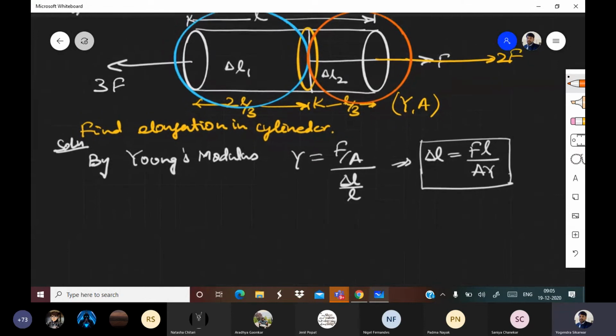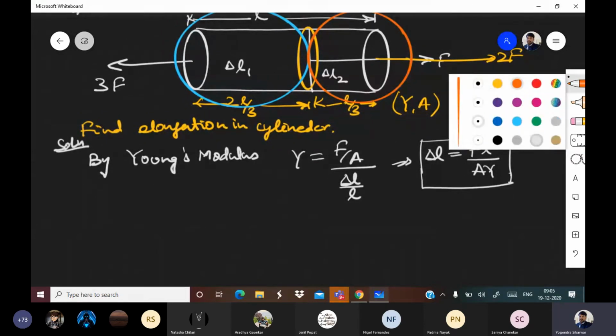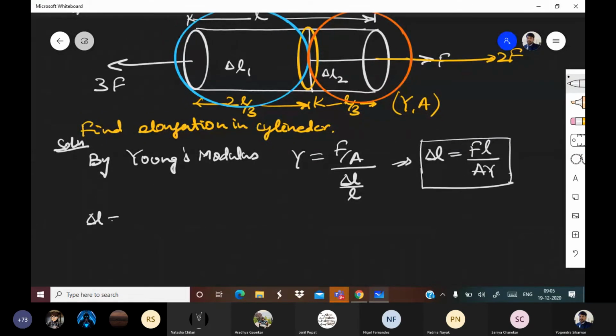First of all, for us, delta L will be delta L1 plus delta L2. This will be your answer, or you can say method to the answer. Now, how much is delta L1? Listen carefully. If you see this part, which is the blue colored part, how much is the force acting on it? 3F.